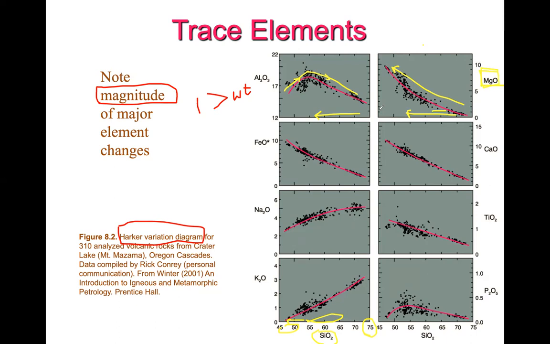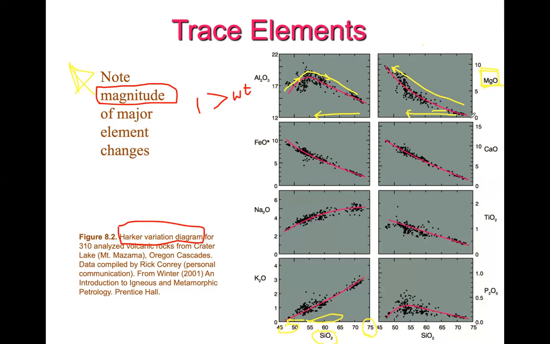Okay. So these types of interpretations are important when you look at the diagrams, right? That's why we are taking not only major, but trace elements as well in magmatic systems for interpretations. But now we are trying to compare trace and major elements to make the representations in terms of their magnitude. Their magnitude shows a very big difference.